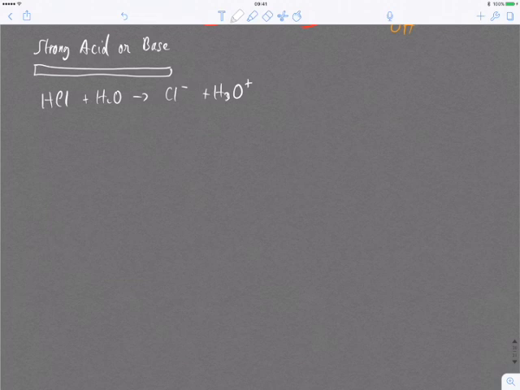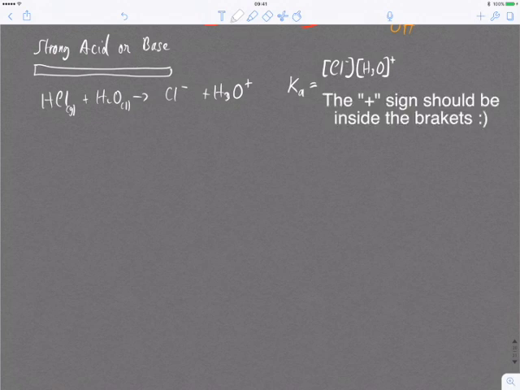And how do I represent the dissociation of this acid here, this gas, into this liquid? Just by using this famous equilibrium constant, the K value. In this case, the K for an acid, we call that Ka. So the Ka would be equal to the concentration of Cl minus times the activity, if you want to be absolutely right, it's activity, but we're going to deal with concentration here because in this case the activity will be equal to the concentration because it's highly diluted.